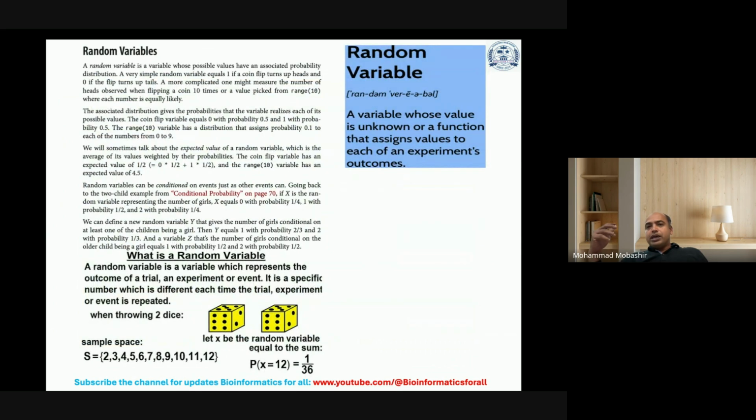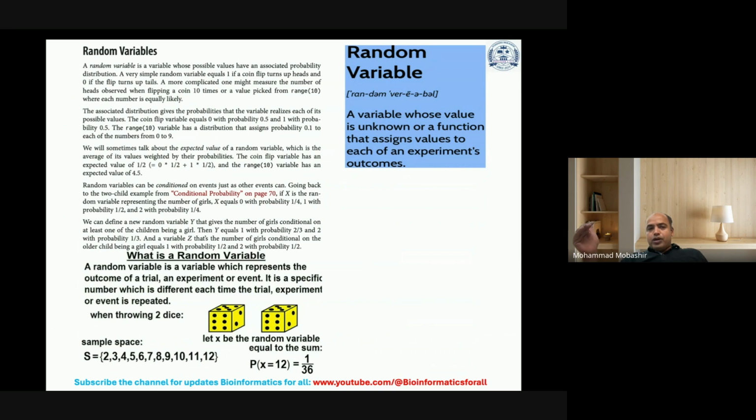Now, what is a random variable? A variable whose value is unknown, or a function that assigns values to each of an experiment's outcomes. So here, a random variable represents the outcome of a trial, an experiment, or an event, and is a specific number which is different each time when you go for a trial or experiment or event.